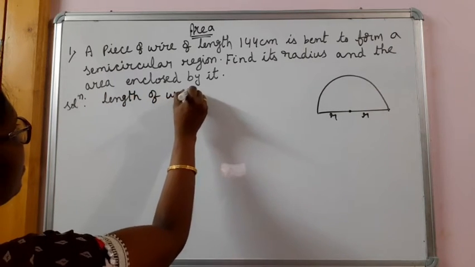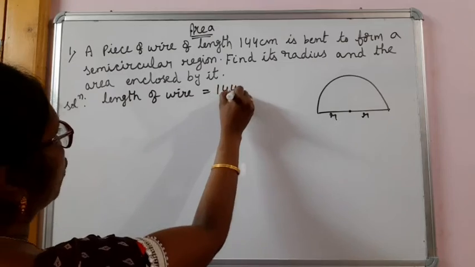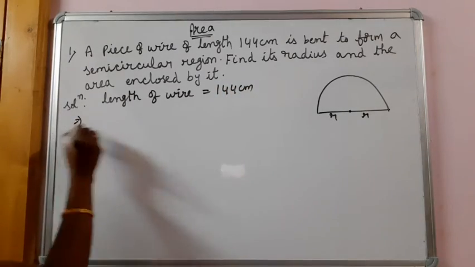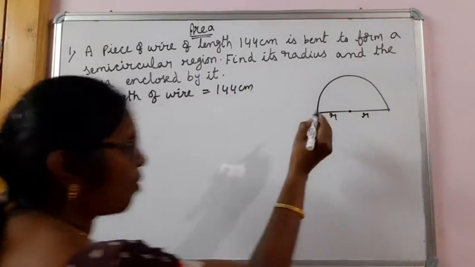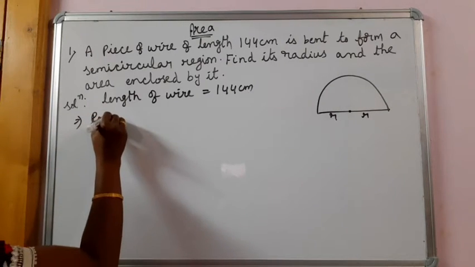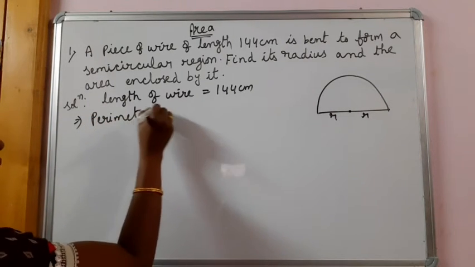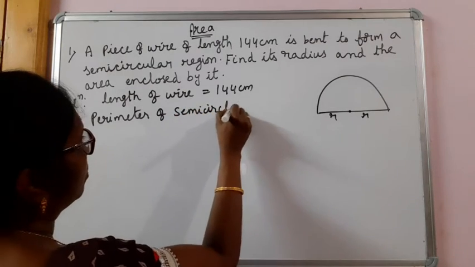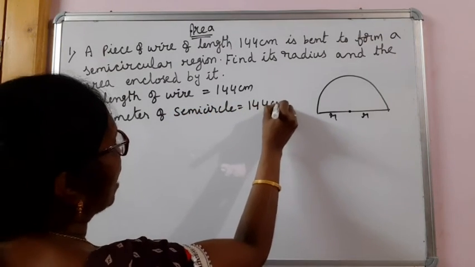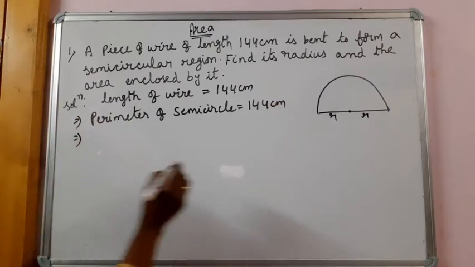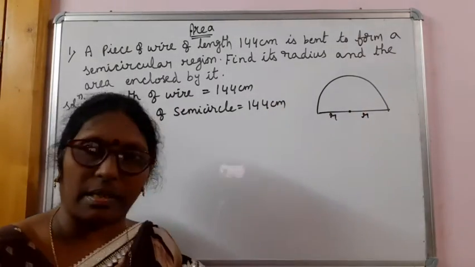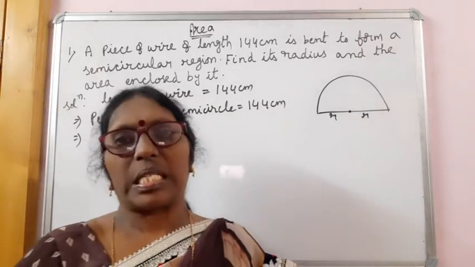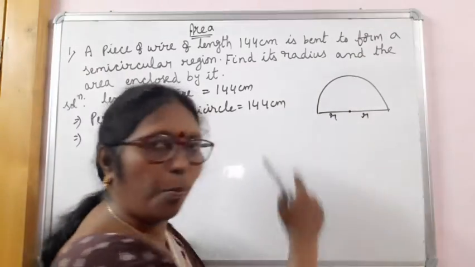Okay, so what is given is the length of the wire, 144 cm. The wire is made in the form of a semicircle. That means the perimeter of the semicircle is 144 cm. We know the circumference of the circle is 2 pi r.